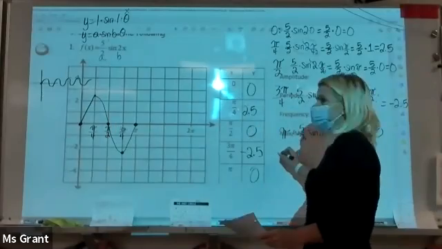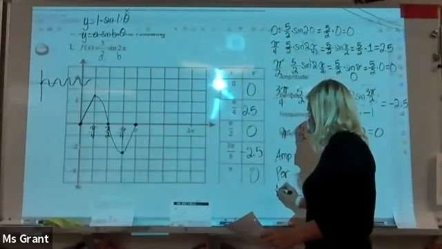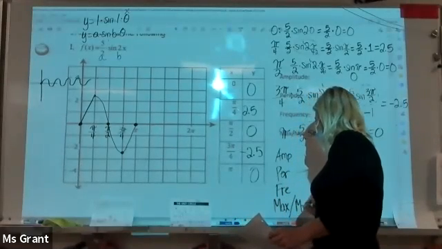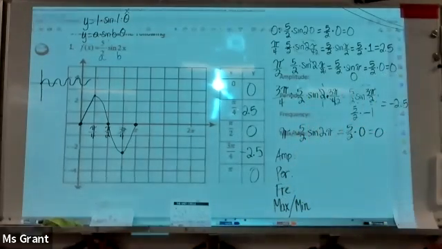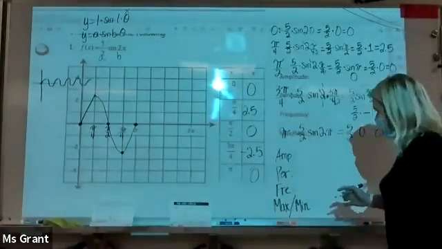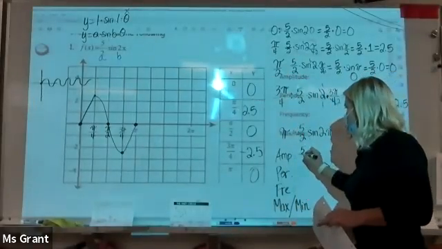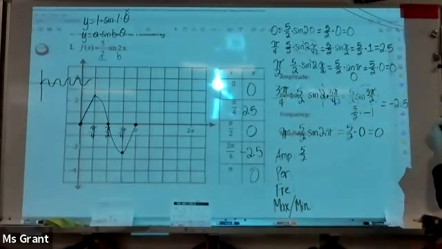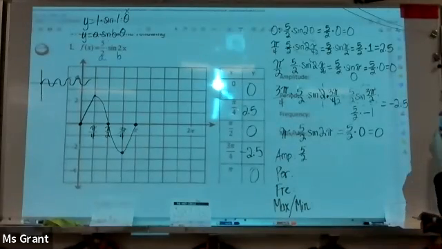Okay, so we're basically getting the first one done together. Amplitude, period, frequency, max, min. Key features. This isn't hard. My amplitude is the absolute value of A. My A was 5/2. My period, remember, is 2 pi over b.